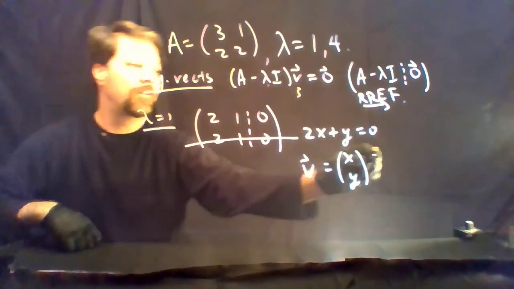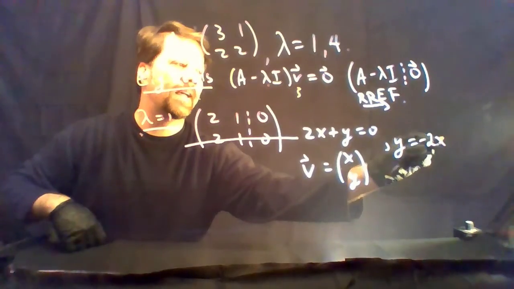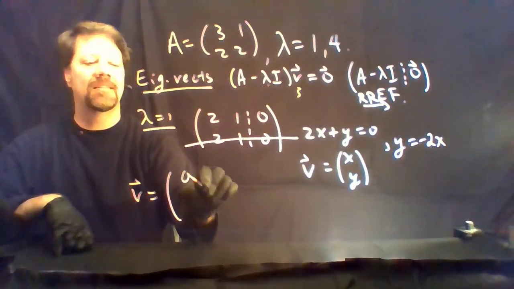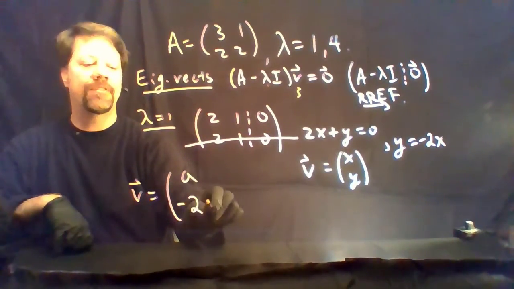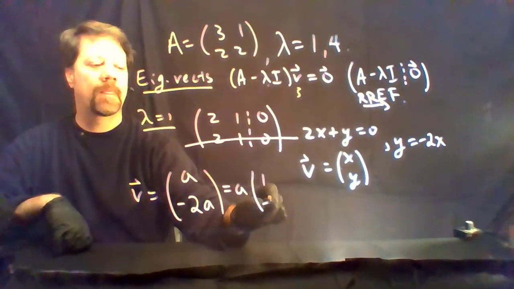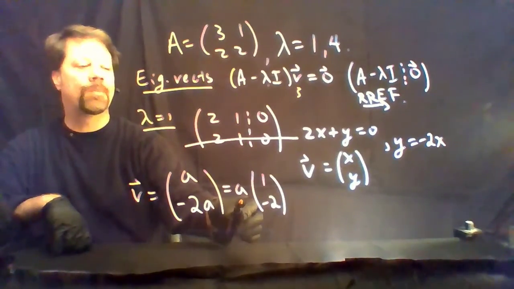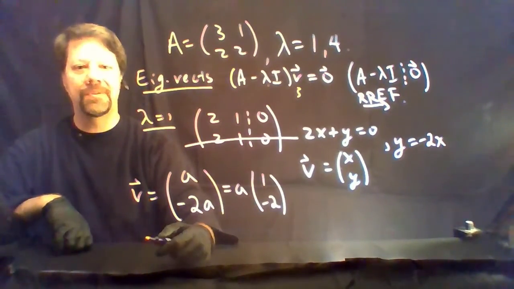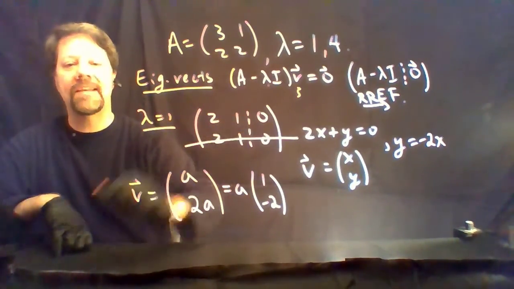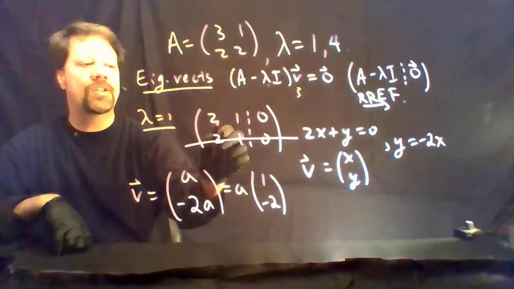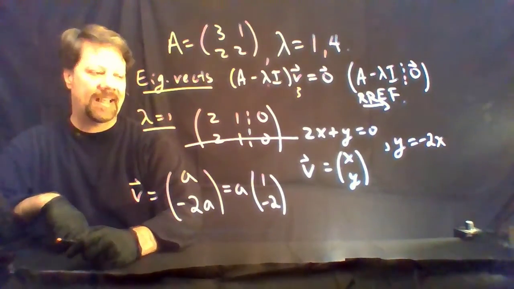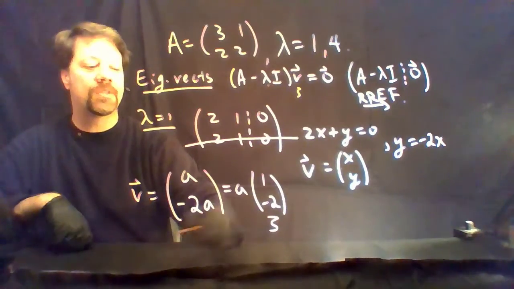If y is negative 2x, if we choose, for instance, x to be a, then y is going to be negative 2a, because y is negative 2x, which tells me that eigenvectors are going to be scalar multiples of the vector 1, negative 2. Another lesson from this is that in the 2 by 2 case, when you write down the augmented array, you can just switch these two numbers and change the sign on 1. That always gives you an eigenvector. Eigenvectors are going to be just multiples of this.